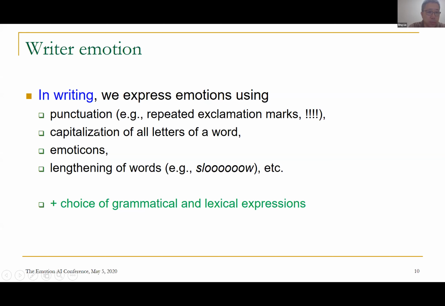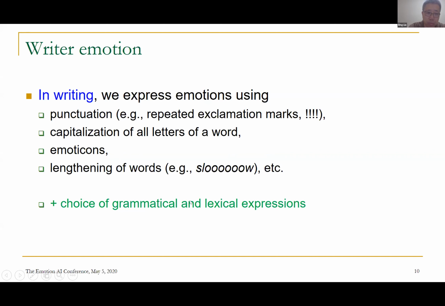You also capitalize all letters. Sometimes when you get angry, you do that. And emoticons, which are very popular now, especially on cell phones. Sometimes people also lengthen the words, and all those things are pretty frequently used in social media.